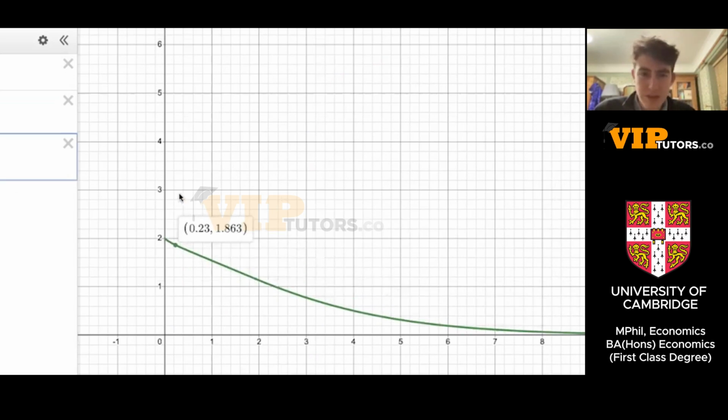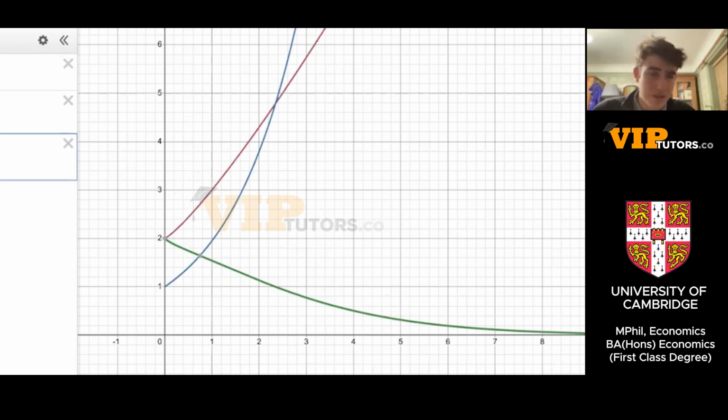Just to be clear, all we've done is take the population and the GDP. This is GDP, this is population, and this is our GDP per capita. It's the division of the two, and that gives you this line.